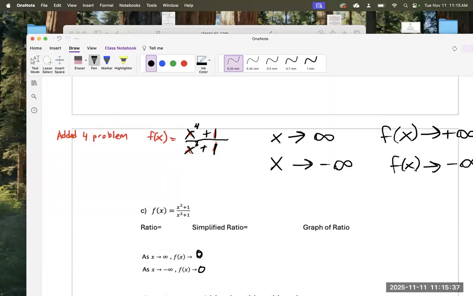Oh, I graphed x cubed over x squared. Okay, let me just fix this. So let's see what this graph looks like. I think I already answered this question in the practice test key, so let's verify the answers by just graphing this function.